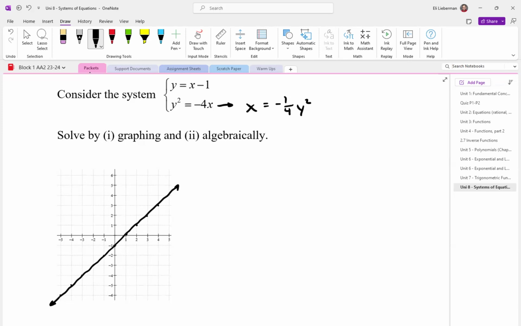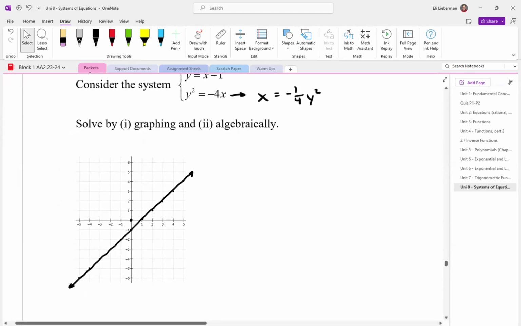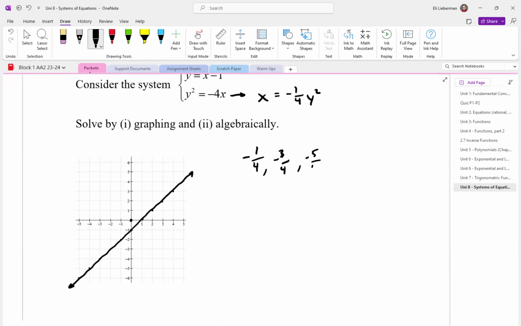The vertex is at the origin, and if I want some points, I could get some by just multiplying my 1, 3, 5 by that -1/4. So I have -1/4, -3/4. Is that right? -5/4. Do we see any sort of intersection here?